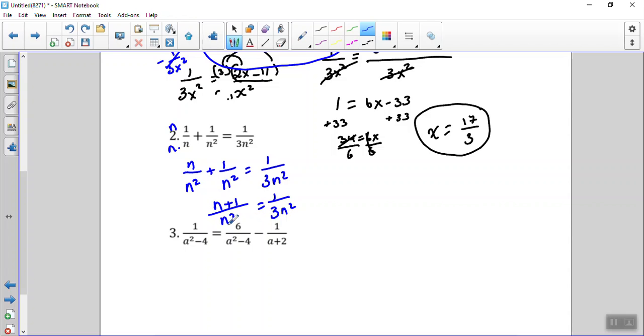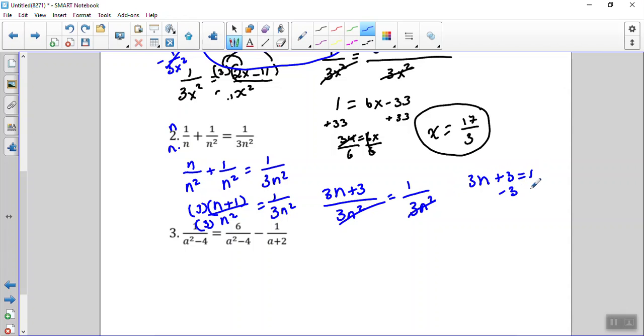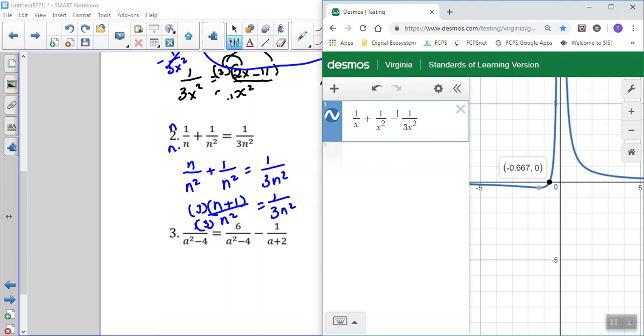The only thing missing here is the 3, so I'm going to multiply numerator and denominator by 3, distributed. So you have 3n plus 3 over 3n squared equals 1 over 3n squared. Now that you have the same thing in the denominator, you can set the numerators equal to each other. Negative 2 over 3. Look at that.